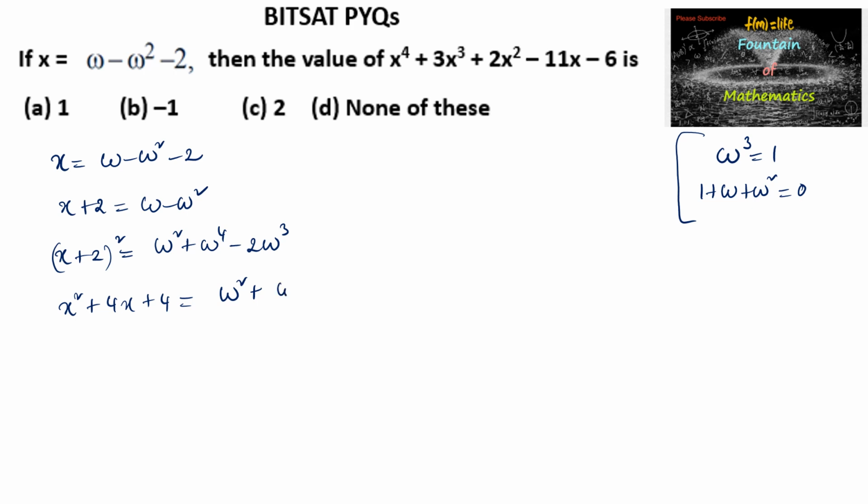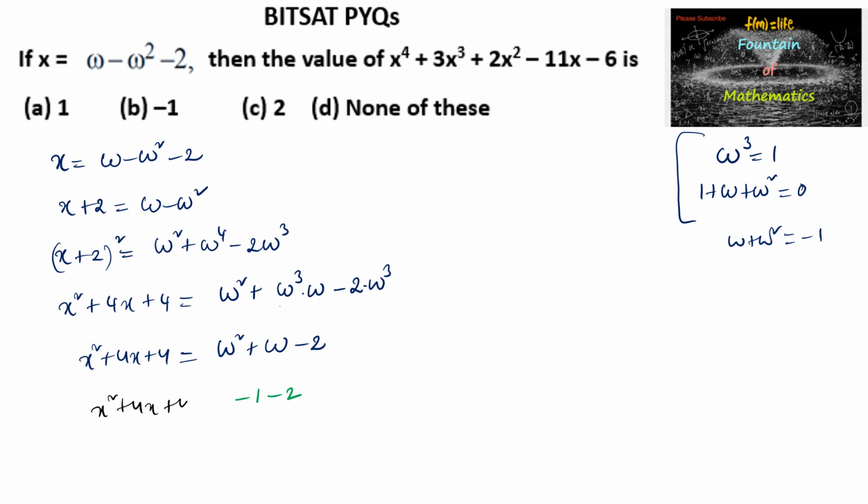Omega power 4 we can write as omega power 3 into omega, minus 2 into omega cube. Since omega cube is 1, x square plus 4x plus 4 is omega square plus omega minus 2. And since we know omega plus omega square is equal to negative 1, we can write negative 1 minus 2. So x square plus 4x plus 4 is equal to negative 3.